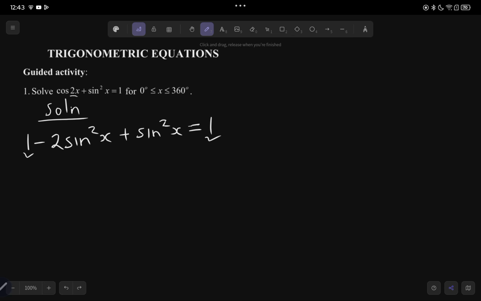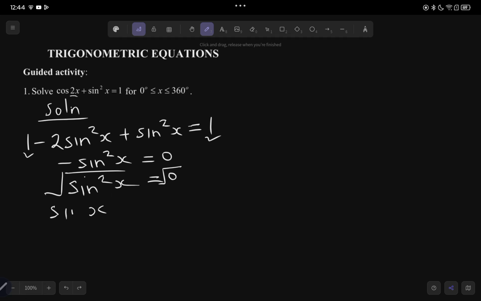I'll remain with negative sin squared x is equal to 0, which means sin squared x is equal to 0, and if I take a square root on both sides, I will have sin x being equal to 0. So x is sine inverse of 0, and sine inverse of 0 is 0 using our calculator. So we also know that sine 0 is 0.